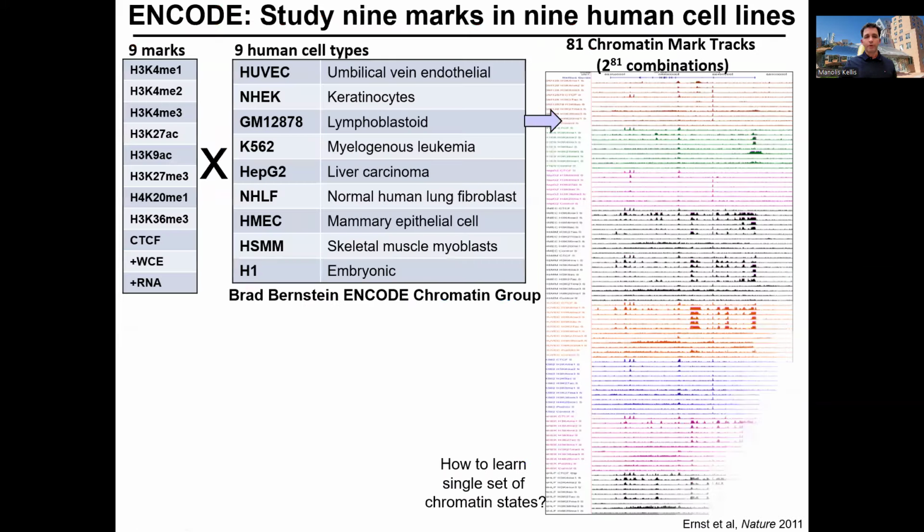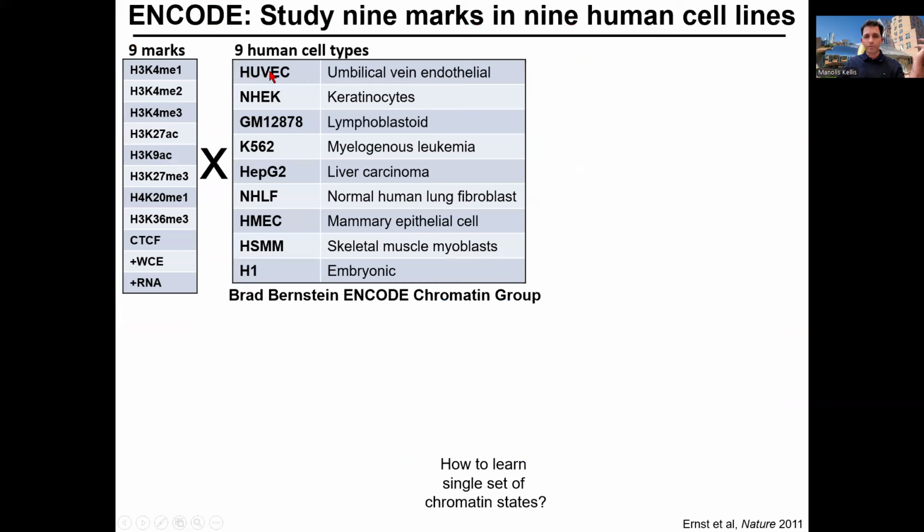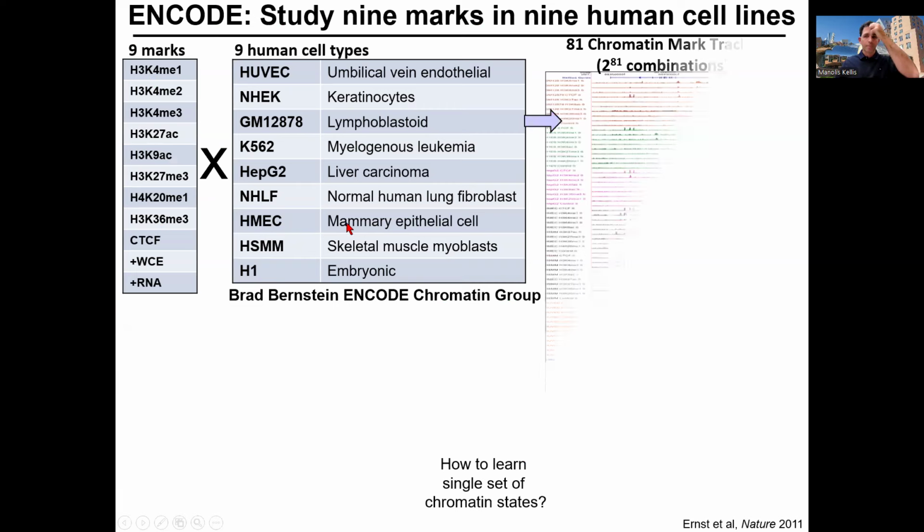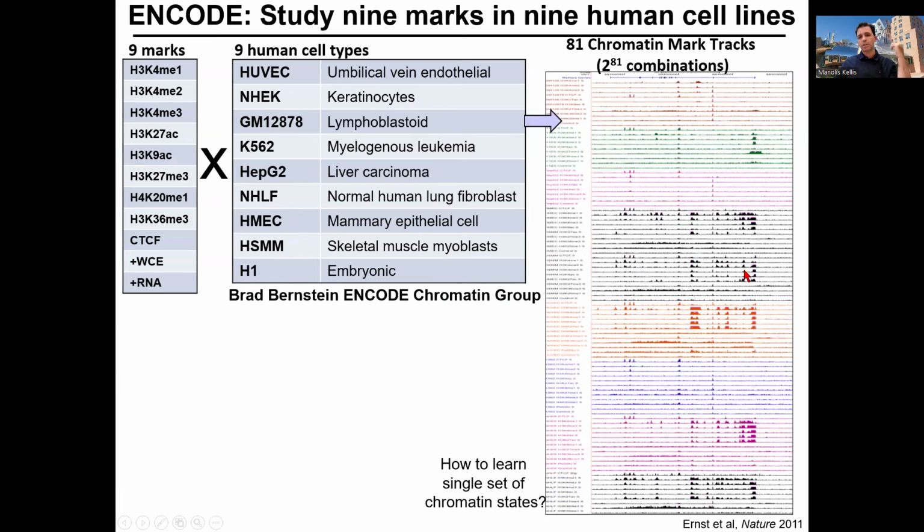For example, if you have human vein endothelial cells and keratinocytes and lymphoblastoid cells and myelogenous leukemia and liver carcinoma and human lung fibroblasts and epithelial cells from the mammary and skeletal muscle myoblasts and embryonic stem cells, then you can measure the same marks in the same cells, and you end up with this giant matrix of 81 different chromatin mark tracks, which is the 9 marks times 9 human cell types.